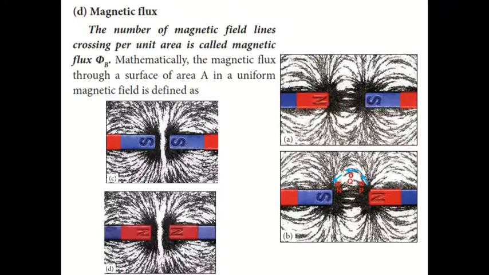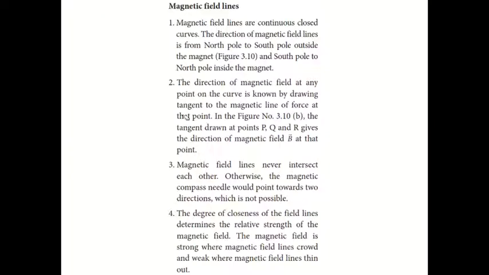For example, if one field line goes here, then another one here, another one here, they will not intersect like this. Otherwise, the magnetic compass needle would point towards two directions, which is not possible.